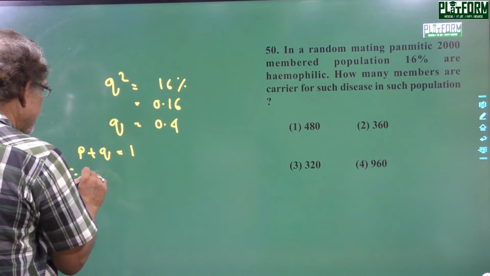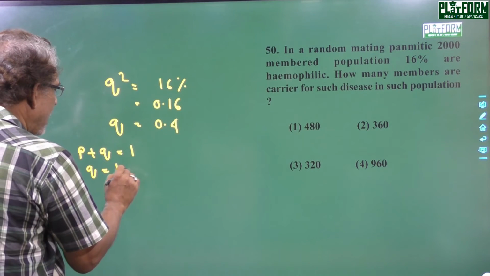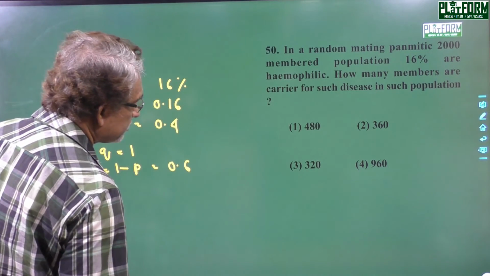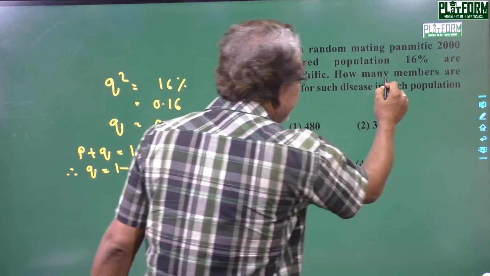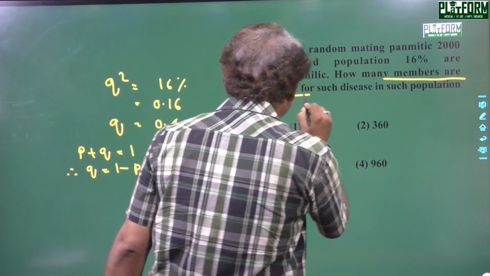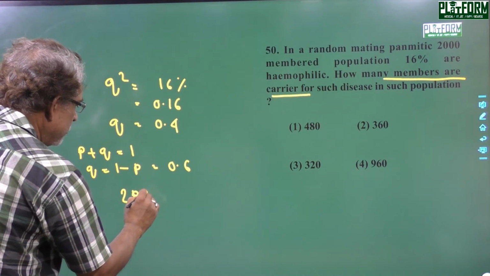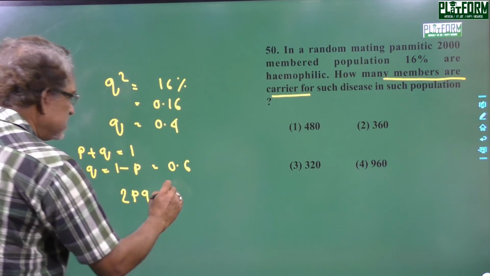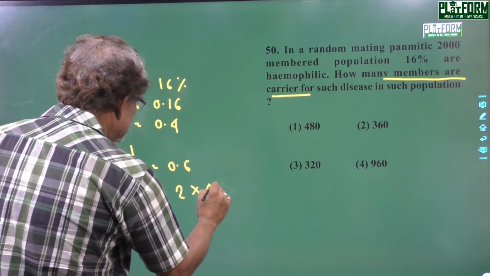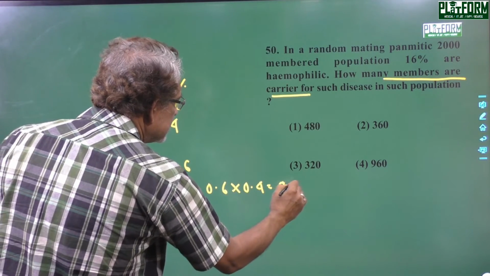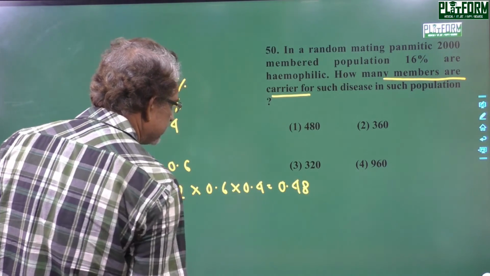Therefore p equal to 1 minus q, that is 0.6. How many members are carriers? Carrier means heterozygous, that is 2pq. 2pq means 2 into 0.6 into 0.4, that is 0.48.